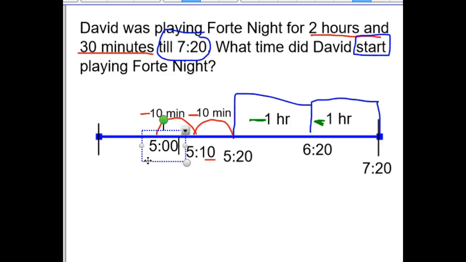Oh, wow. But I have to subtract 30 minutes, so I have to think about this. I do have to subtract another 10 minutes, but really have to think about what is my time going to be. Well, I'm going to go backwards in time, and I have to think.